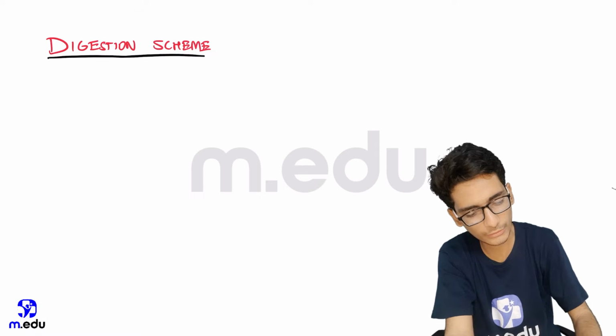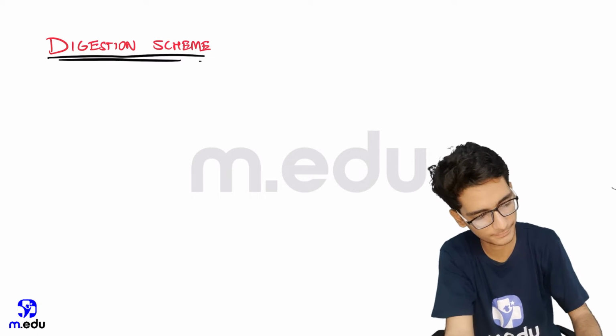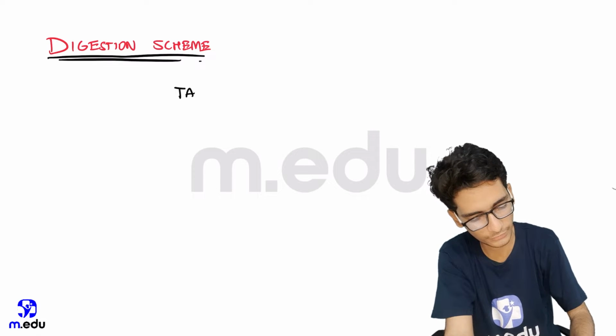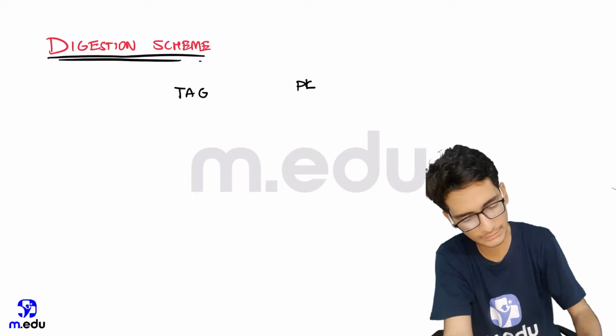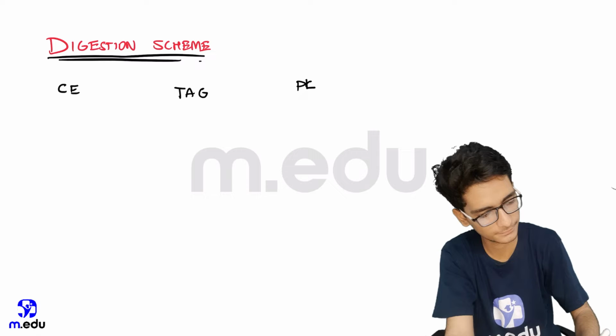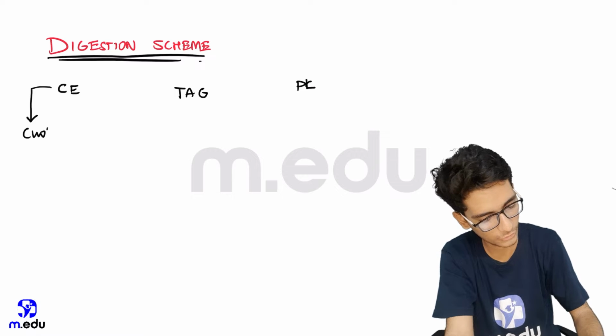Now let's quickly look at the digestion scheme. It's for TAG, phospholipids and cholesterol ester. For cholesterol ester, the enzyme is cholesterol esterase.